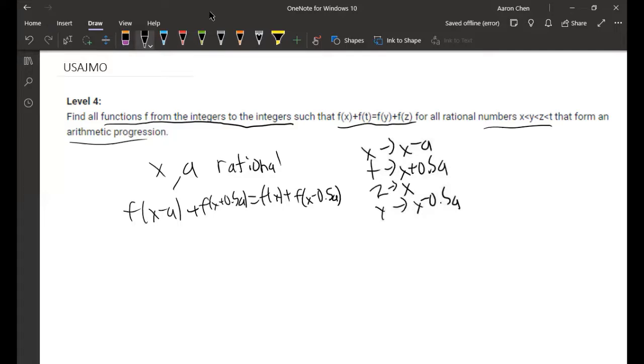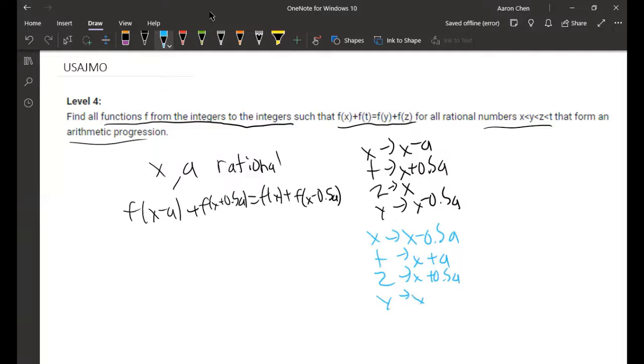And so next we can make a similar substitution, except this time we let x be substituted with x minus 0.5a, t goes to x plus a, z goes to x plus 0.5a, and y can be substituted with x.